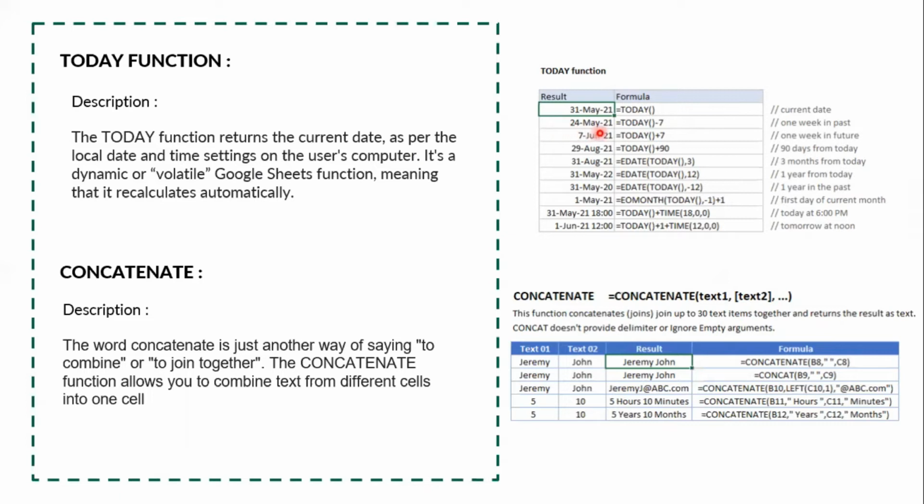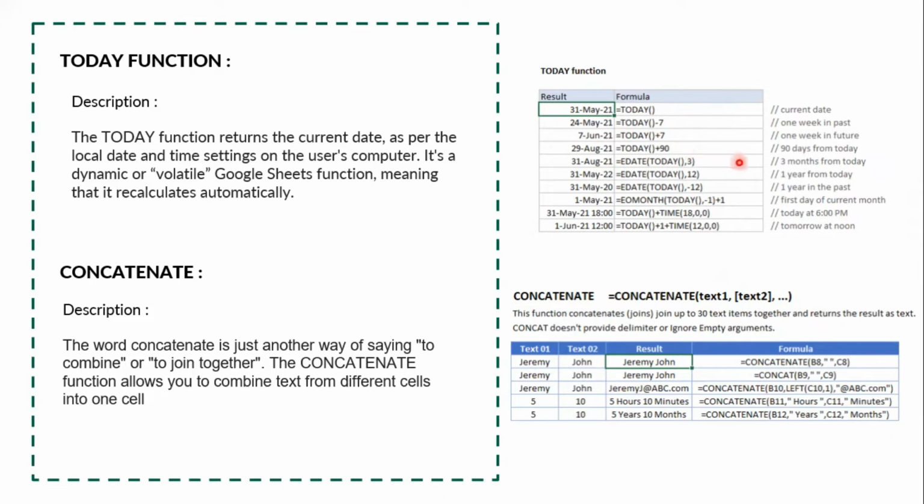So you can simply type equal, put in today, bracket, and then -7, and it will show you the date a week before. And if you wish to know the date 1 week later, you can also use the same function, but instead of -7, you put +7.